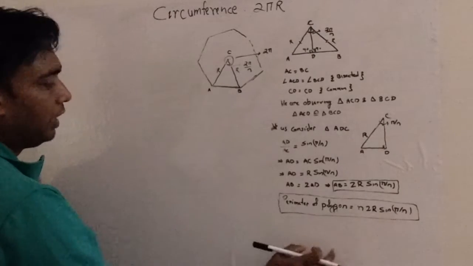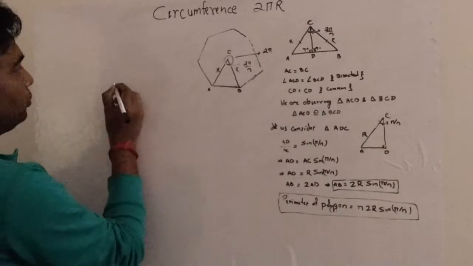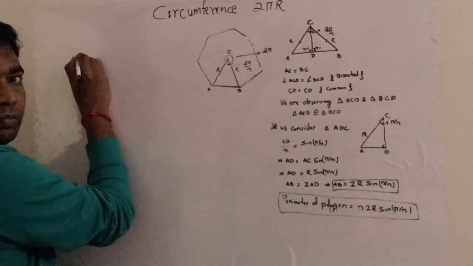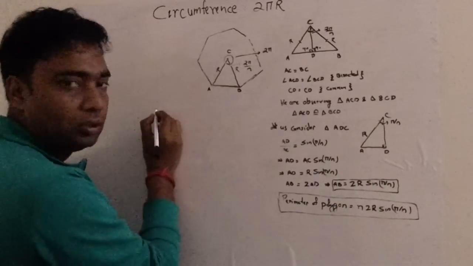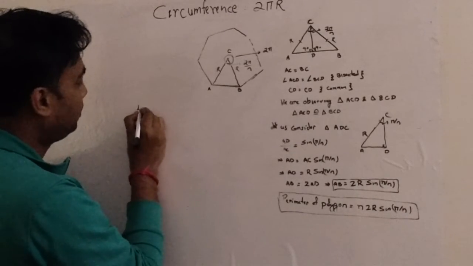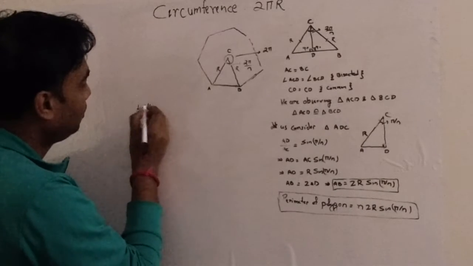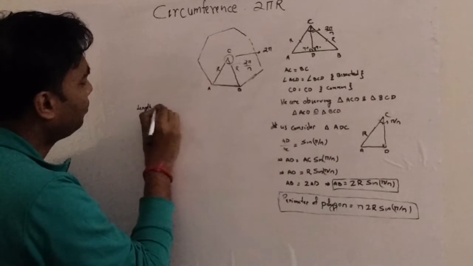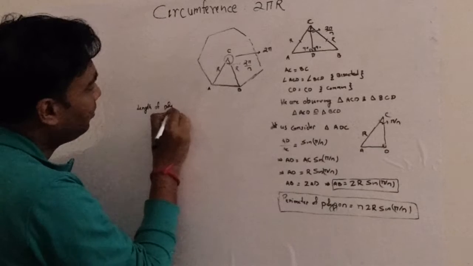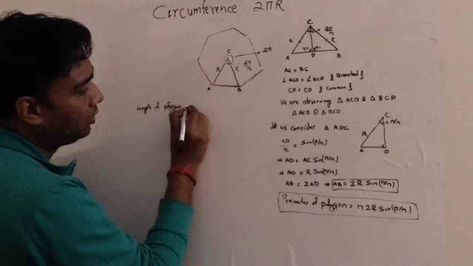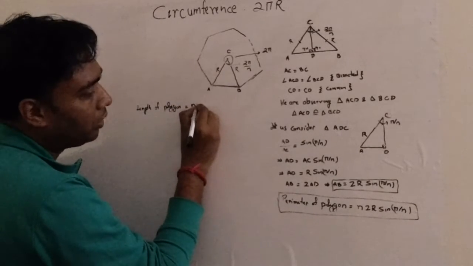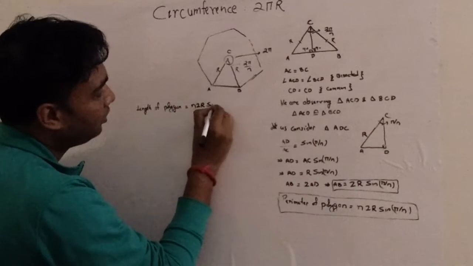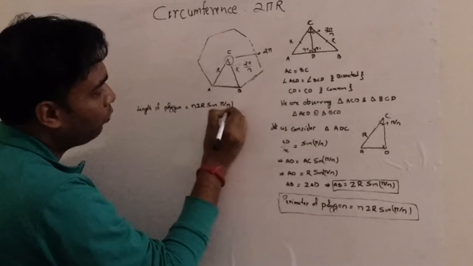So I am taking this equation here. Let this be the length of the polygon, or call it the perimeter, the same thing: 2n r sine pi over n.